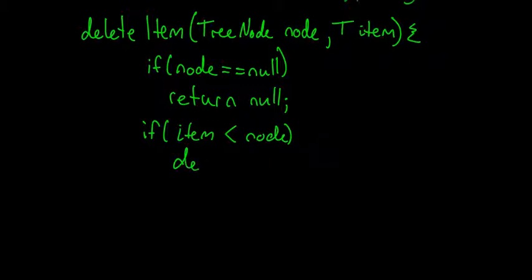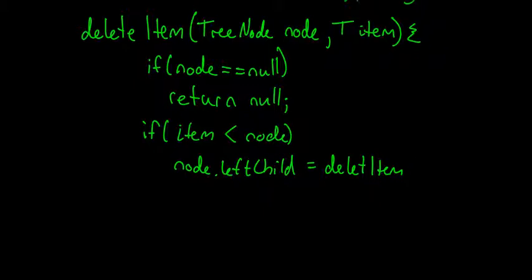So we will simply say, well, this node's left child is going to be its original left child without the item. So we're going to delete the item from the left child and then substitute that in for the original left child.